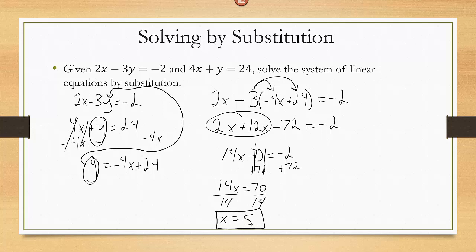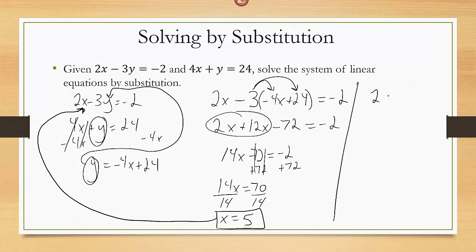Let's plug this x back into one of the equations. It doesn't matter which one. So let's just plug it into this equation since we know what x is. So let's bring this equation over. So we're going to have 2x minus 3y equals negative 2. So plug this 5 in for the x.